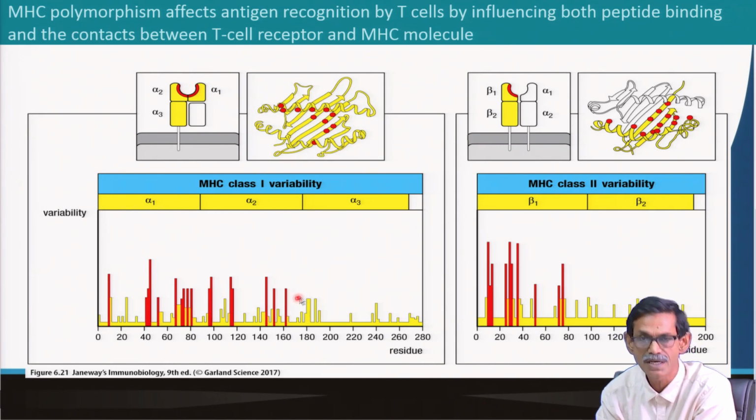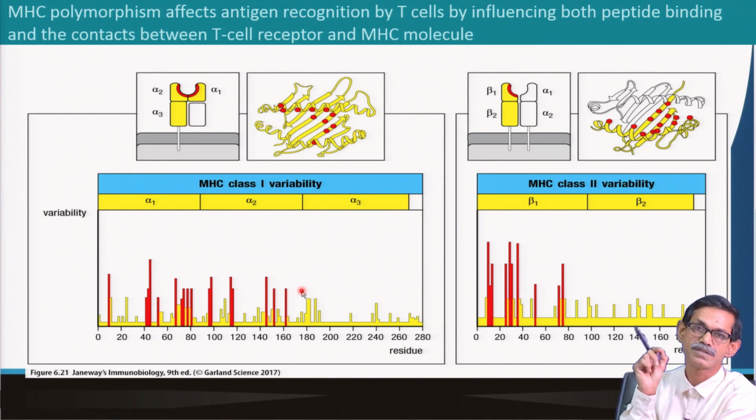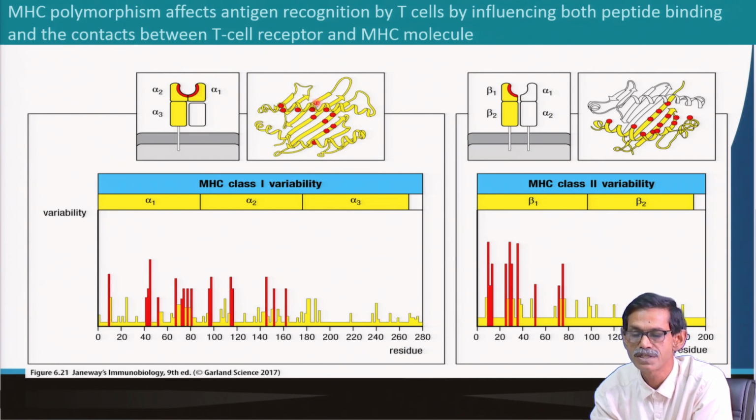In antibody or T cell receptor, variability is very specific to CDR1, CDR2 and CDR3, but here it is distributed all over. But if you look at the hypervariable or more variable regions, the red portion, you see they are located mostly in the peptide binding cleft, wherever the peptide is interacting.